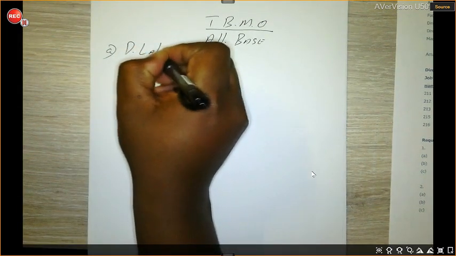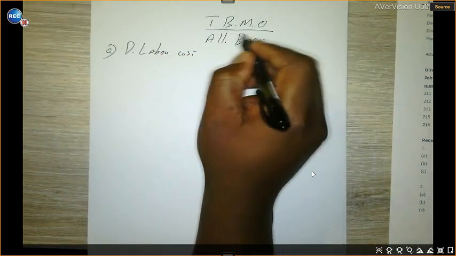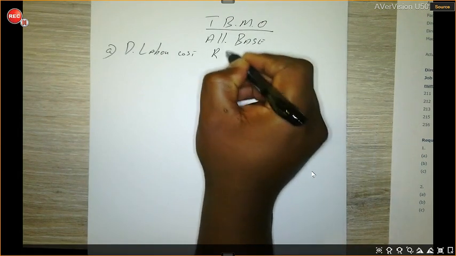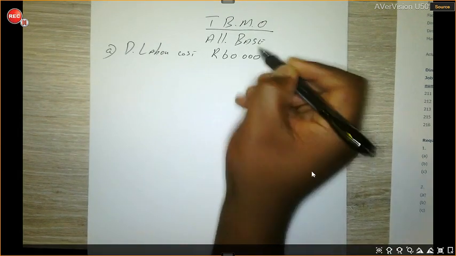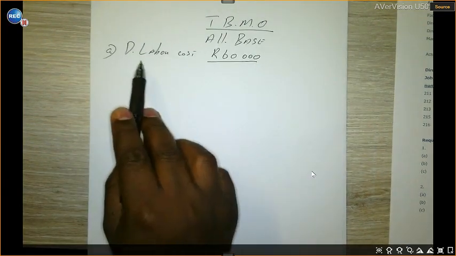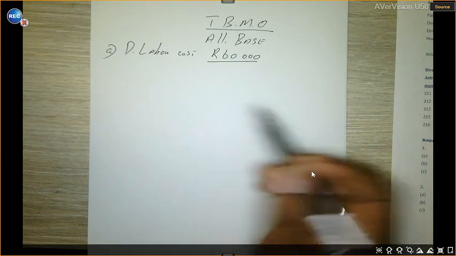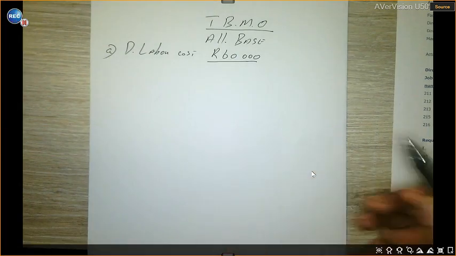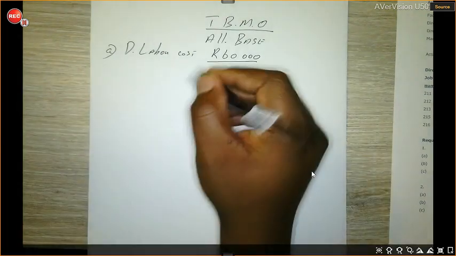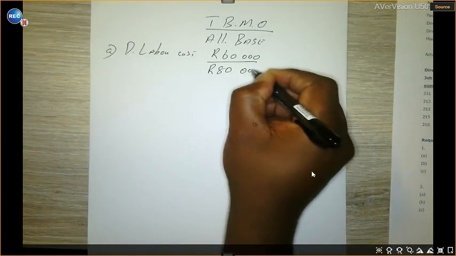So it means that it's going to be your total budgeted manufacturing overheads, which is equal to 60,000 rands. Then you divide that by your direct labor cost, the budgeted one. Don't get confused by taking the actual amount. You are still using the budgeted amount here. So you are going to divide by 80,000 rands.